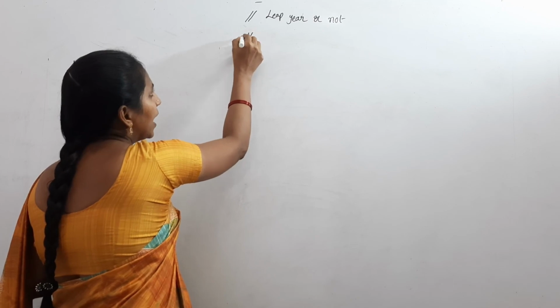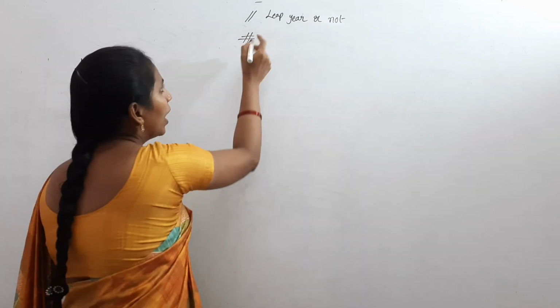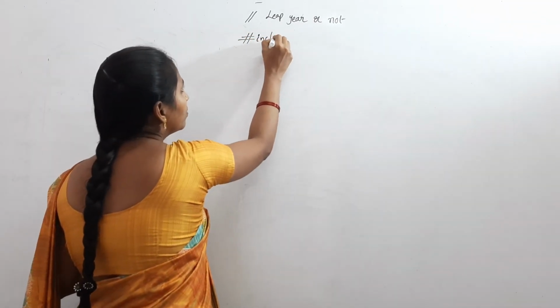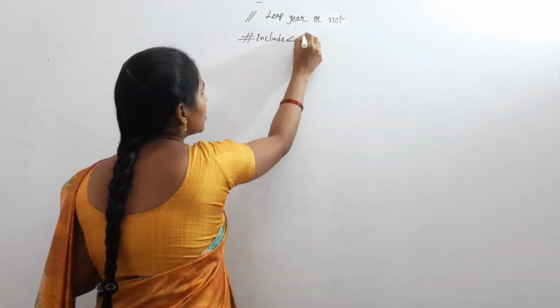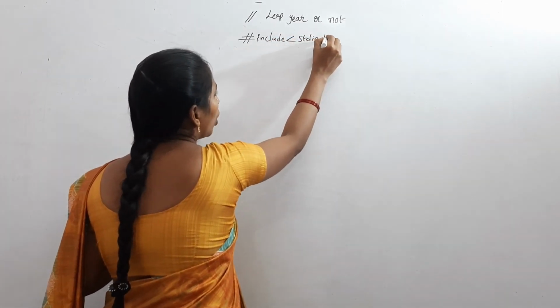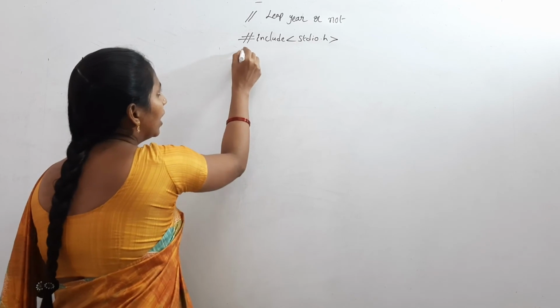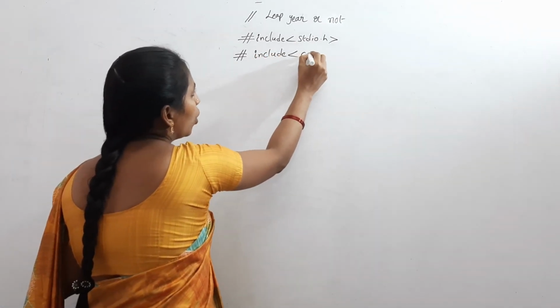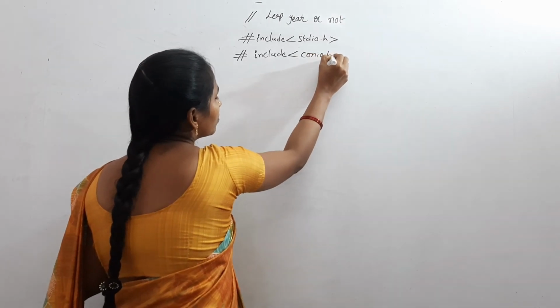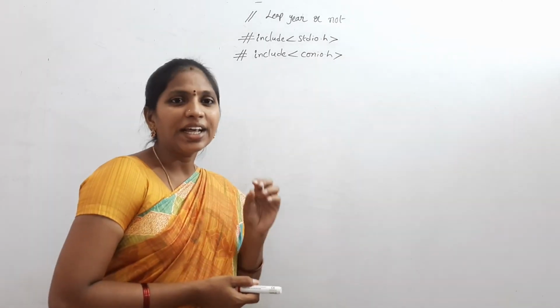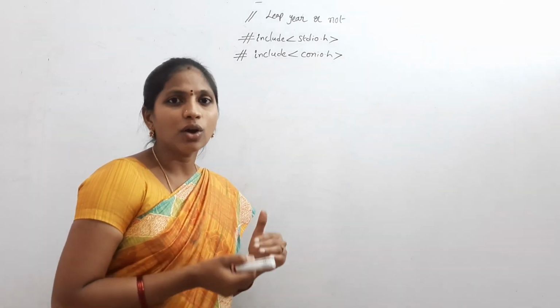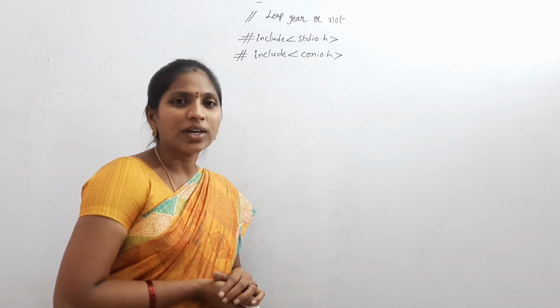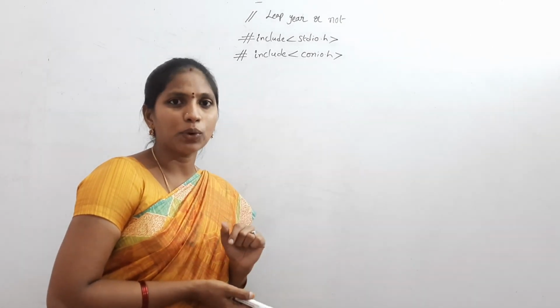First part is header files inclusion. So, #include stdio.h. This is one header file. I want to include one more header file, that is conio.h. Header files are collections of functions. Each function is a subprogram.